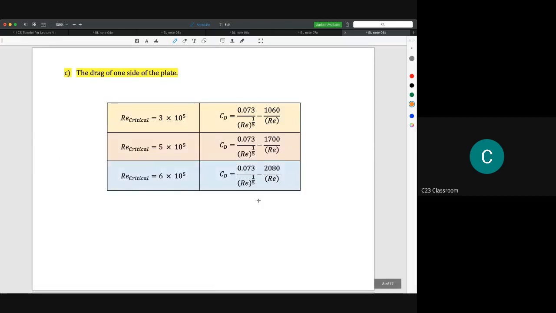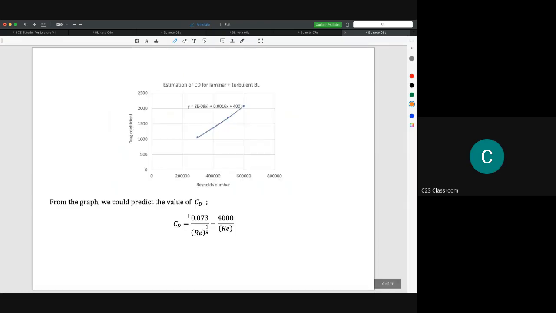The problem is when we want to calculate the drag force for one side of the plate, because in the previous notes, I gave you this table. We have 3, 5, and 6 times 10 to the power of 5 with certain values, but we don't have any value for the critical number of 10 to the power of 6. Actually it is okay if you plot a graph from that point.